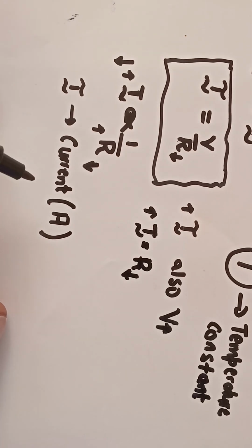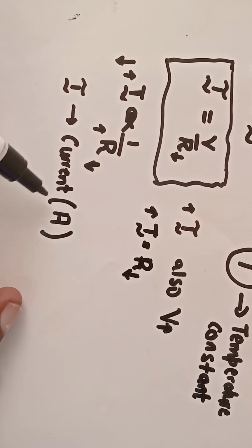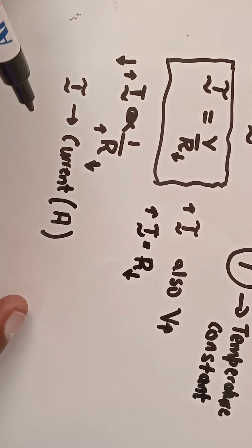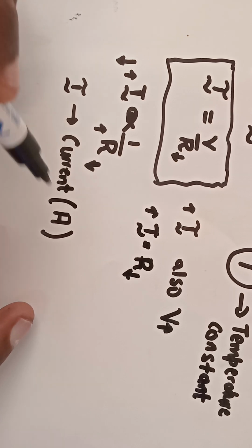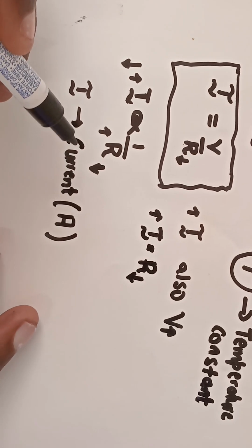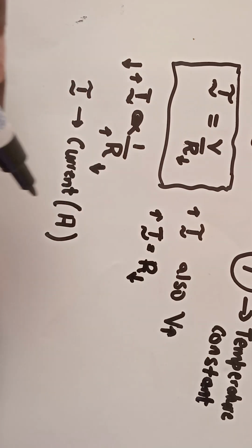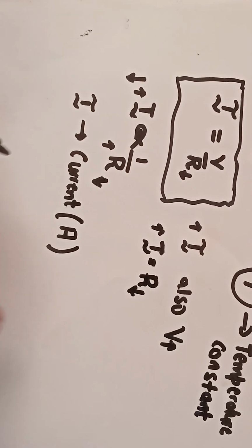So just get this in mind that A is the amperes, the measure of the current. The amperes measures the rate at which the current flows in the circuit.